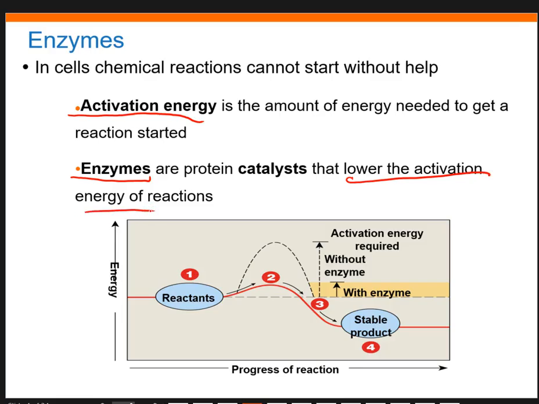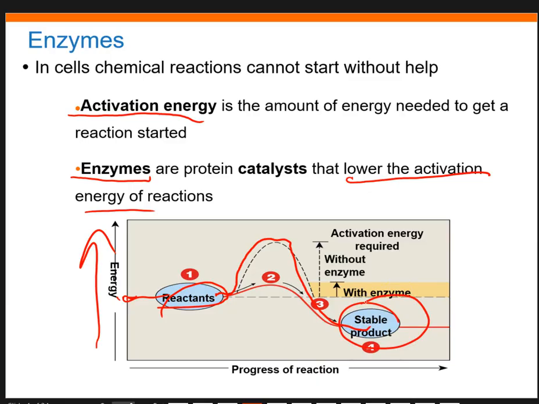Okay, so if you look at this graph right here, without an enzyme, this is energy on the vertical axis. Without an enzyme, we put these reactants together, right? We put two things into this reaction, and you have to generate this much energy before it'll go forward and form your product. That's a lot. It takes time for that energy to build up, to happen.